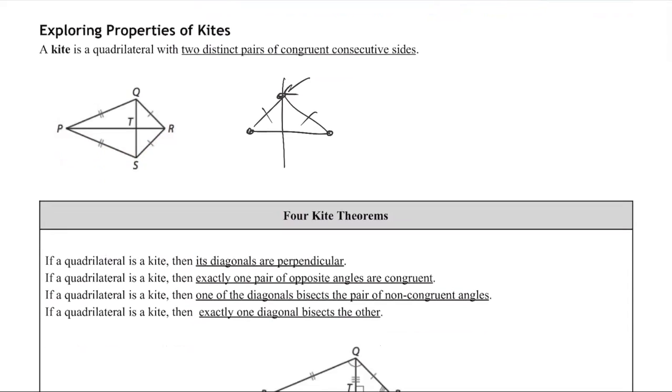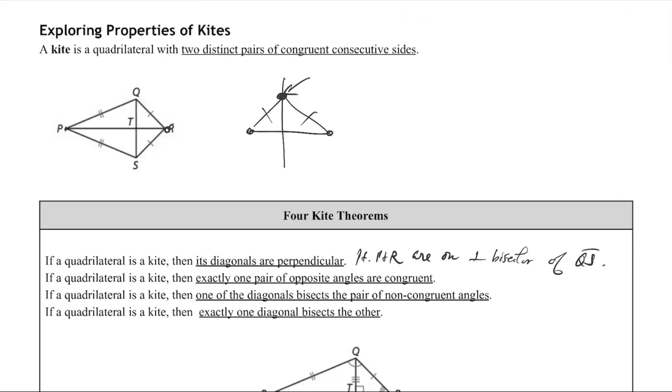It says that if it's a kite, then diagonals are perpendicular, right? But we know that points P and R are on the perpendicular bisector of QS, by the perpendicular bisector theorem.